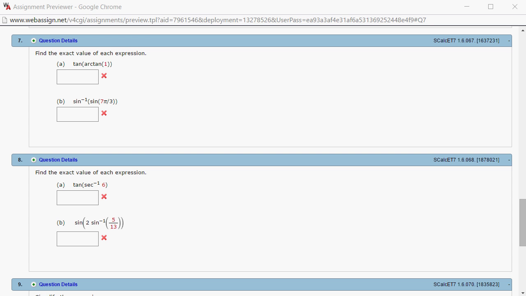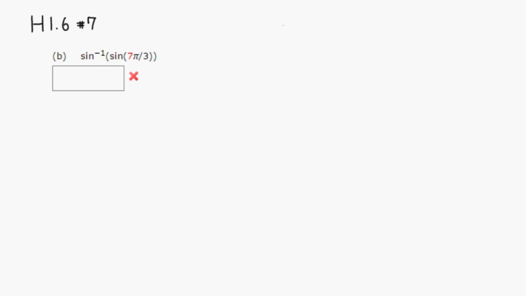All right, let's look at homework 1.6, problem number 7, part B. First I'm going to let this equal theta. Since we don't like arc sine, I'm going to take the sine of both sides.